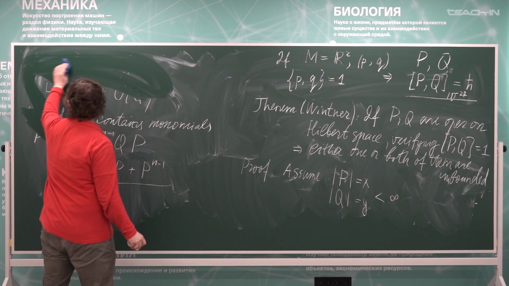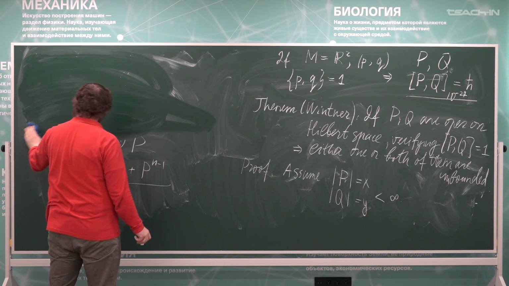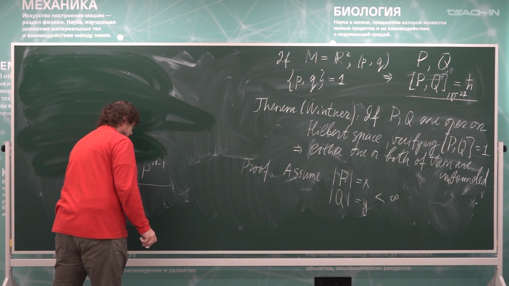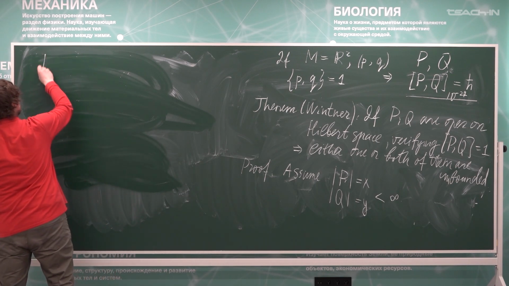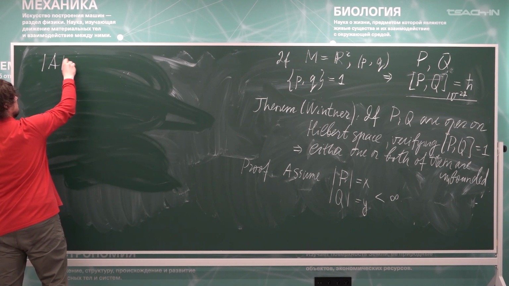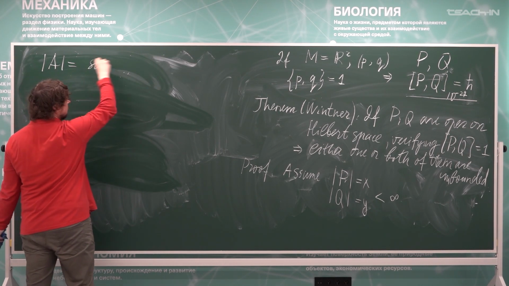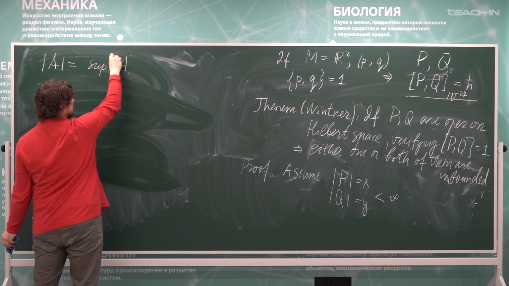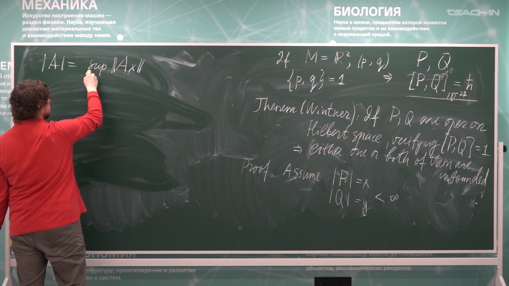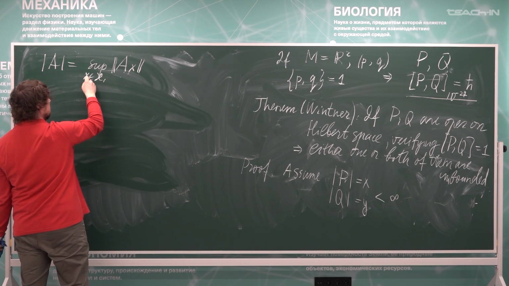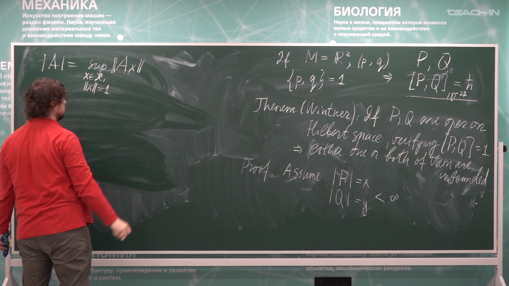Then, if you remember, the norm of an operator in a Hilbert space is defined by the supremum of norms of Ax, where x is an element in Hilbert space of unit norm.